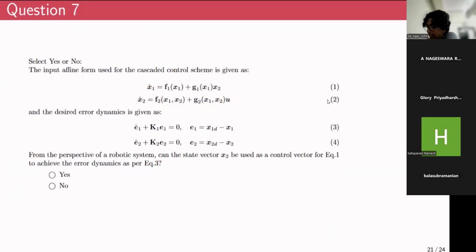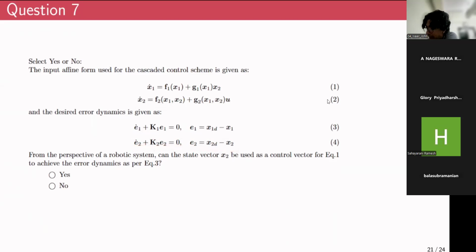So the desired error dynamics: we want these two systems to follow these two error dynamics. e1 dot plus K1 e1 is 0, where e1 is x1 desired minus x1. And for the second subsystem, we want it to follow the error dynamics e2 dot plus K2 e2 is 0, where e2 is x2 desired minus x2.